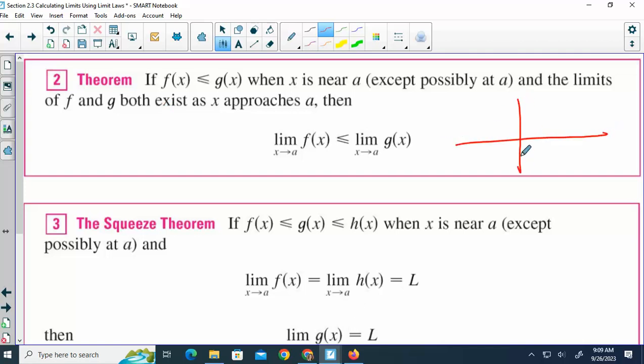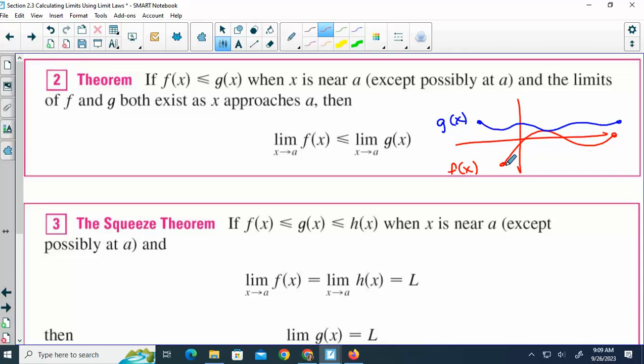So if I have, let's say this is function f, I'm going to put endpoints on it, and this is function g. Would you guys agree that f was always less than or equal to g?